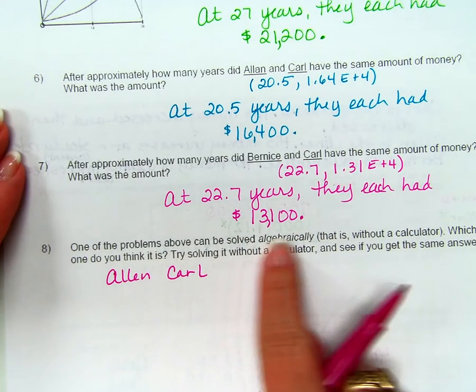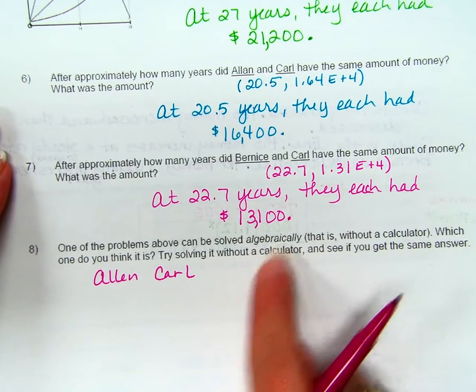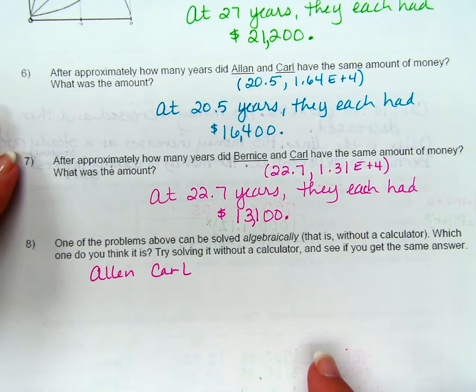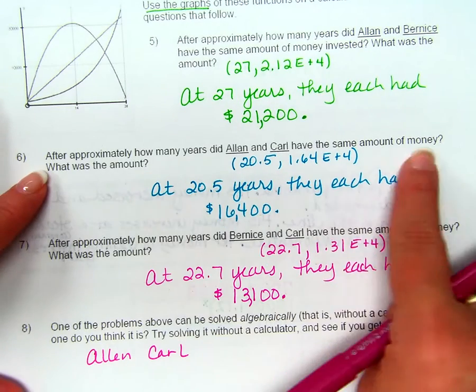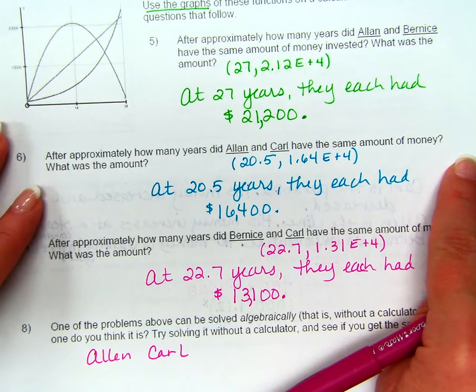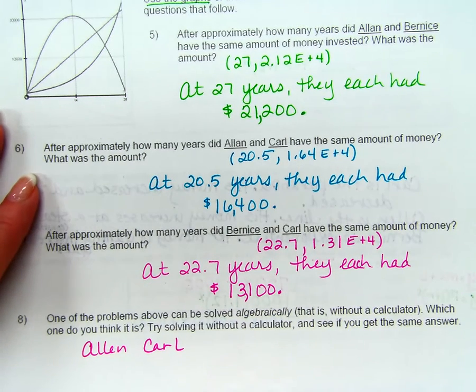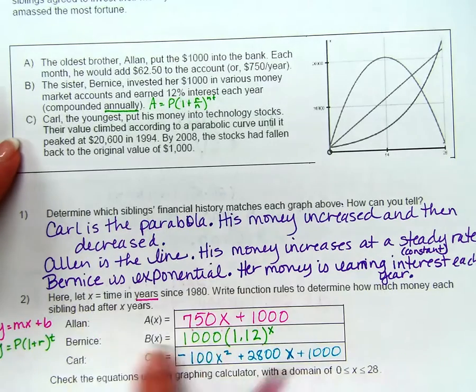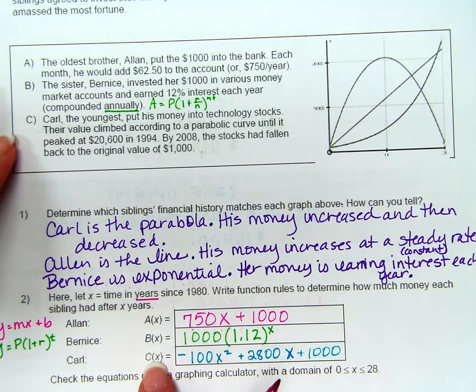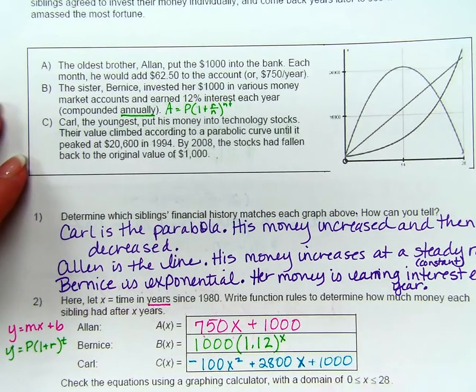Well, if we're trying to solve them algebraically, how are we going to solve them? If we have two equations and we're trying to figure out when did they have the same amount of money, I could use the table. It might be a little messy. If they both equal an A of x or B of x or C of x, shouldn't they equal each other if I'm trying to figure out when they're equal?